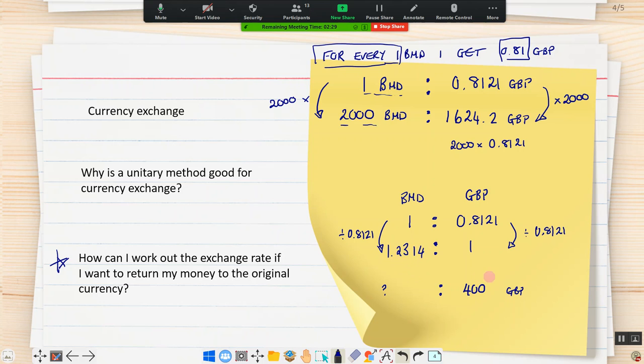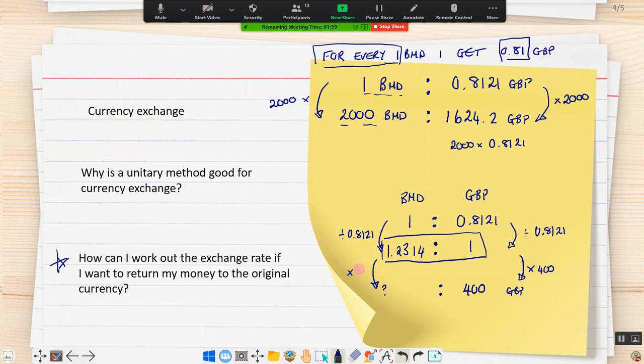Okay, and then how do I use that to get my £400? I can then go from 1 to 400. We have to multiply by 400. So now I have the unit rate, but the other way round, guys. Do you see that? Compared to this one, I now have the unit rate, but going the other way. So now I can multiply by 400.